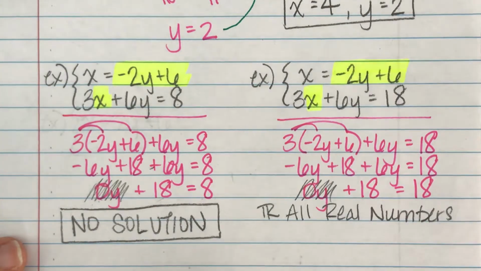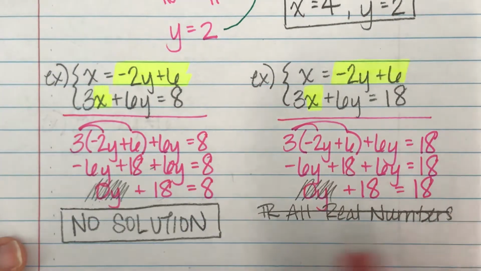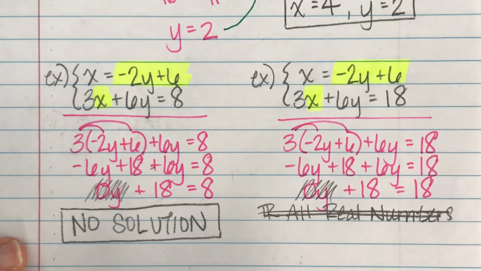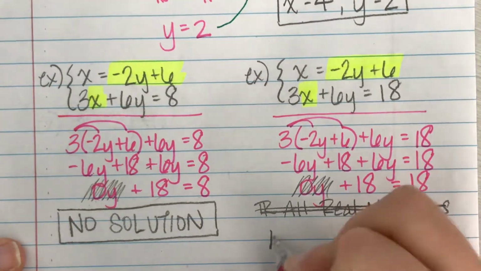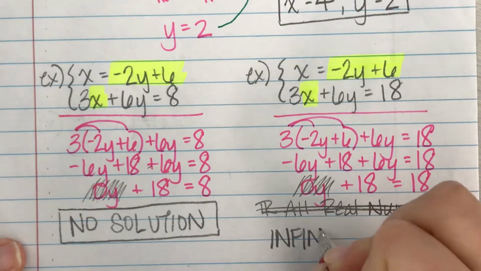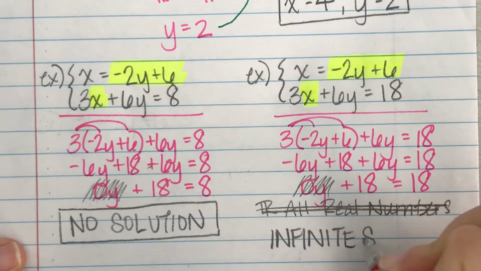Well, it gets a slightly different label when it is coming from a system of equations. Instead of saying all real numbers, it's not that x and y can be anything in the entire planet. It's really that there are an infinite number of solutions to this problem, okay?